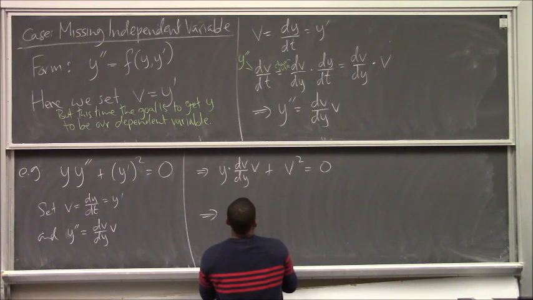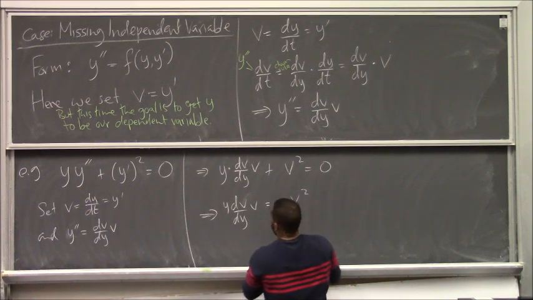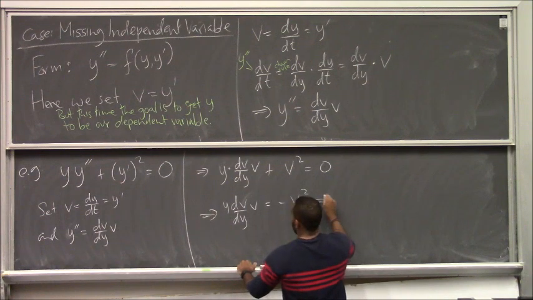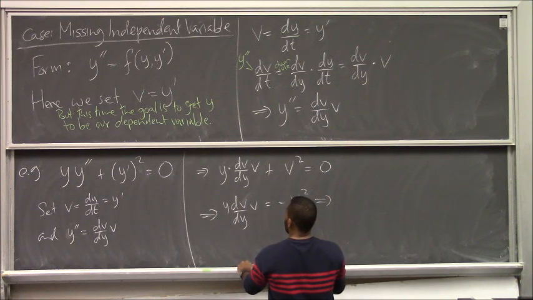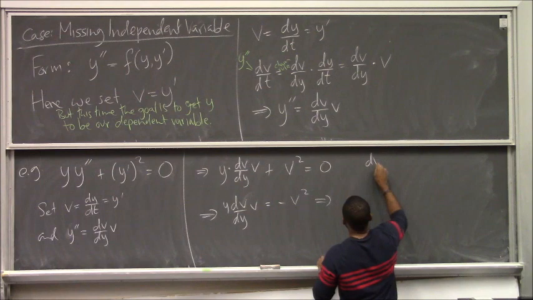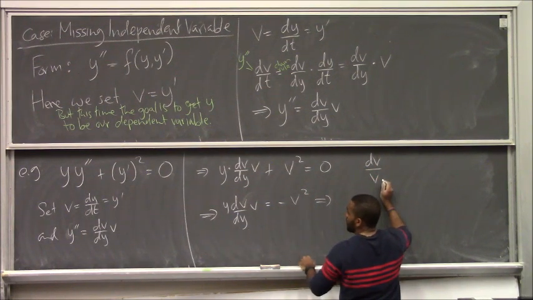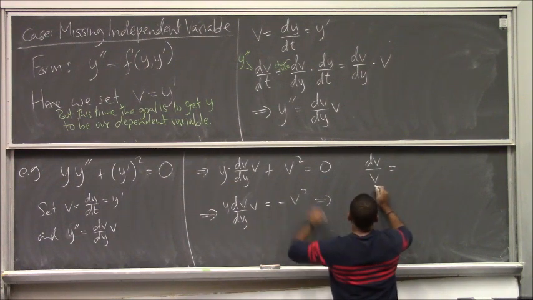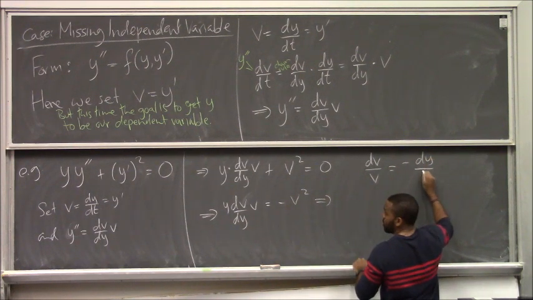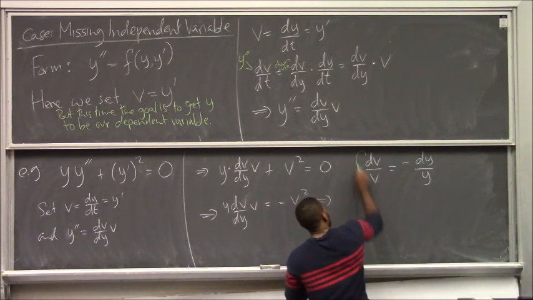So I can move this over and divide by y and divide by v. If I move the v squared over here, I have dv over v, and then if I move the dy over here, I would have minus dy over y. That's really nice, right? So then I can integrate both sides.